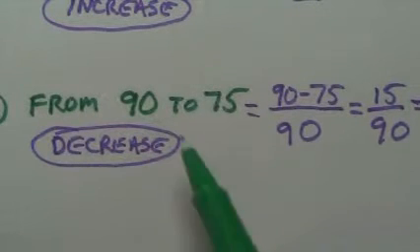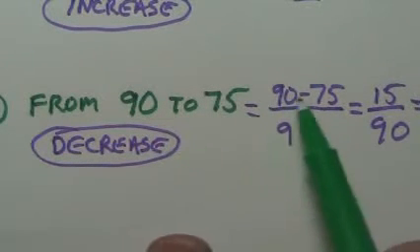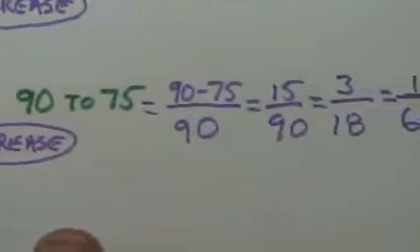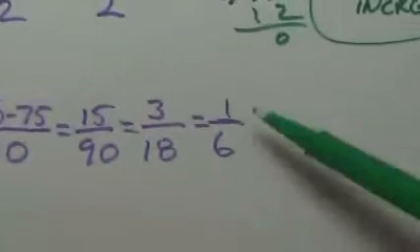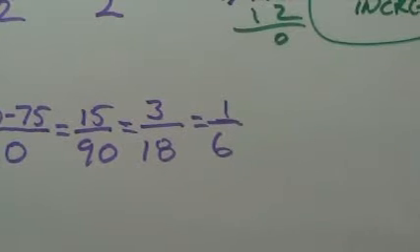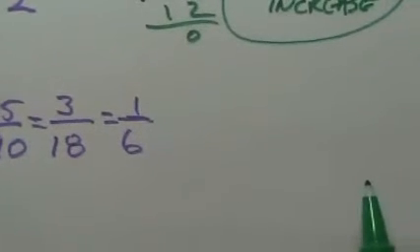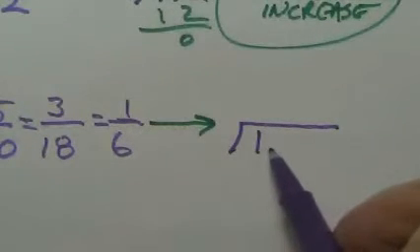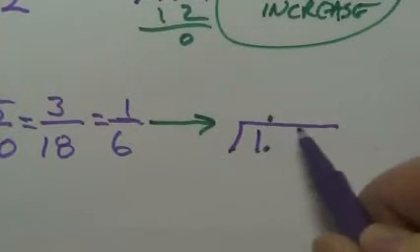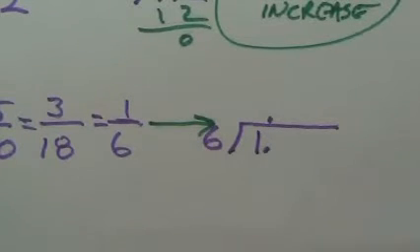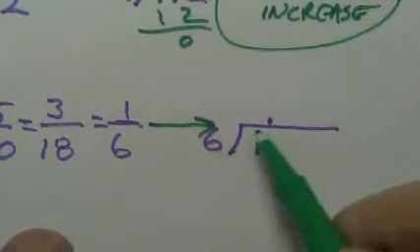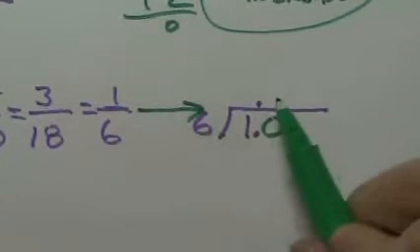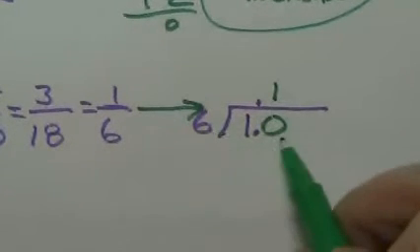And our last one, we went from 90 to 75. That was a decrease. We subtracted on top, the original number on the bottom. We kept reducing until we get a simple fraction. And now we simply divide. So 1 goes in the box. There's the decimal. Bring it straight up. 6 is on the outside. Then I start dividing. 6 goes into 10 once.